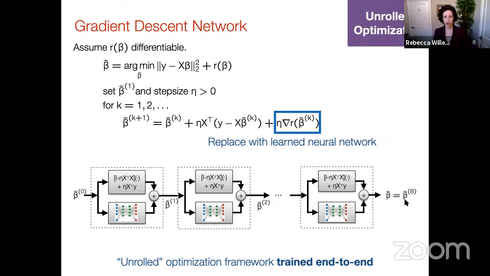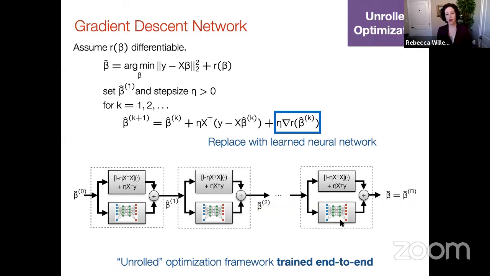When we measure that performance, beta hat is a function of these weights and of the forward model X. So every time we update the weights, we're explicitly taking X into account. This is an example of a method that, unlike the decoupled or agnostic methods, is exploiting knowledge of X at every step of the training process.